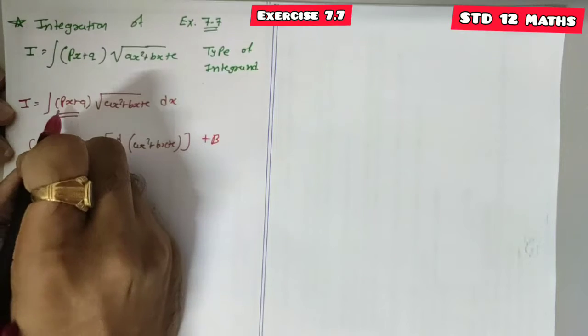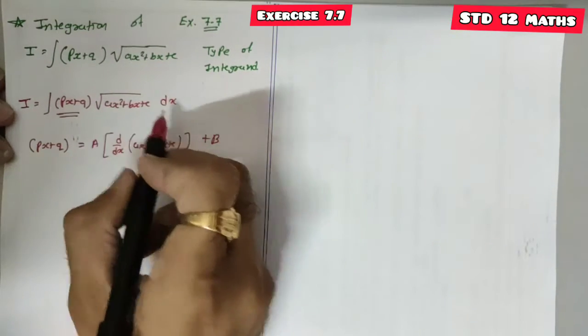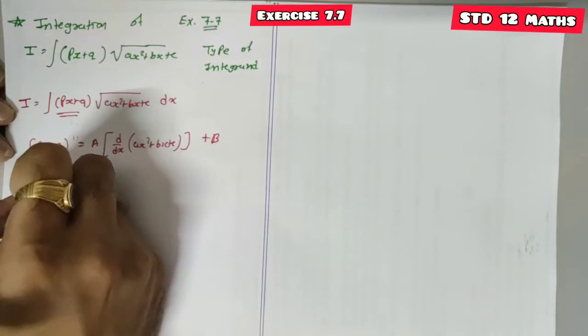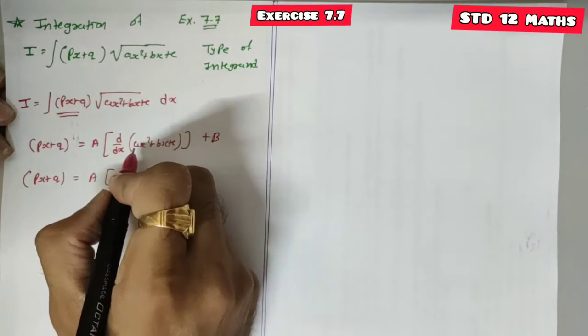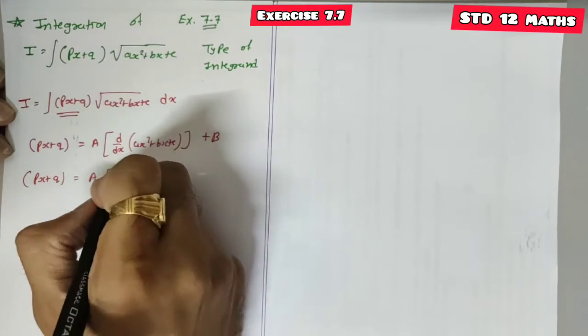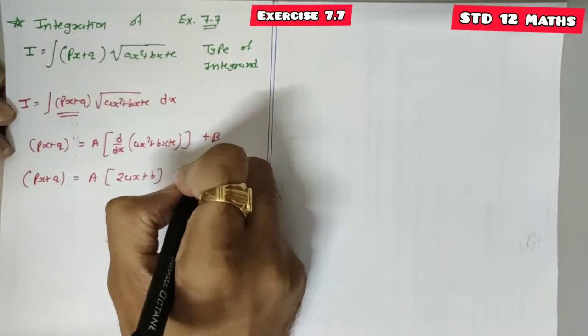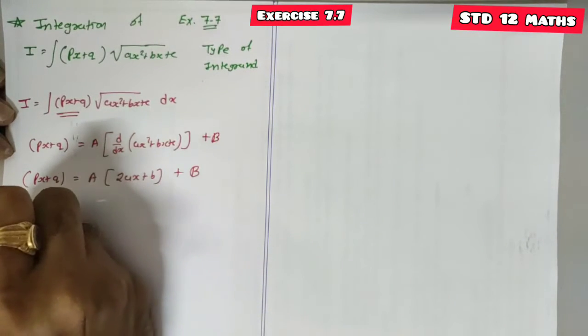You have to replace this bracket px plus q as a into d by dx of this square root plus b. So here we are getting px plus q equal to a into differentiation of this ax square plus bx plus c, which is 2ax plus b, plus capital B. Done. Simplify this and compare the coefficients.